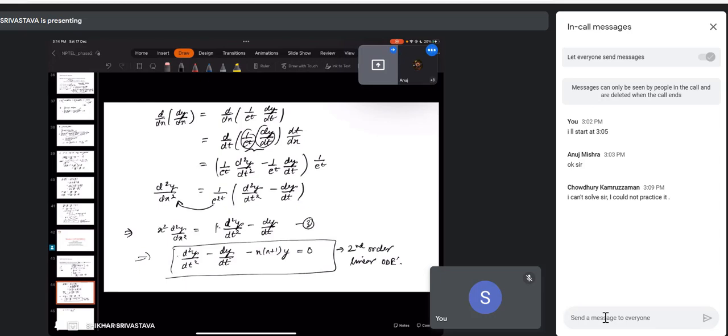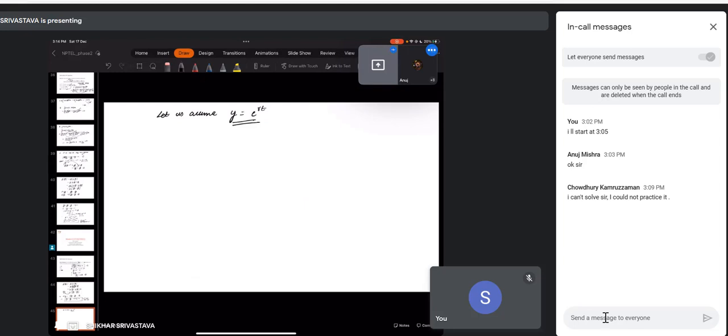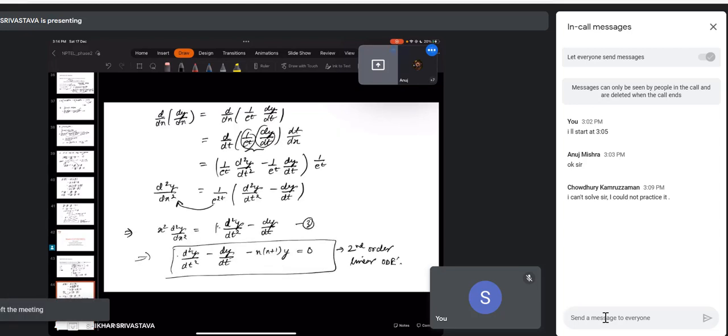Then you just calculate dy by dt. So you will get r exponential rt, and then you again calculate d2y by dt square, r square exponential rt. Clear? I think this is clear up to right now.